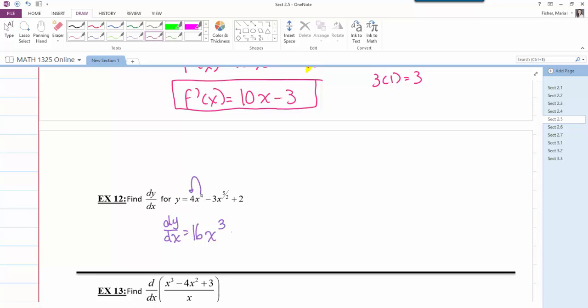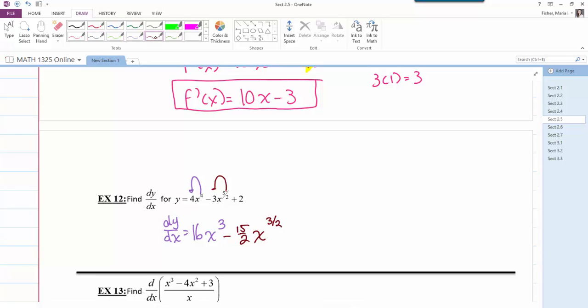The next term, minus 3 times 5 halves, and again, if you need to, you can just grab your calculator to do that, but 3 times 5 halves is 15 halves. x to 1 power less, again, you can grab your calculator to do that, and 5 halves minus 1 ends up being 3 halves.